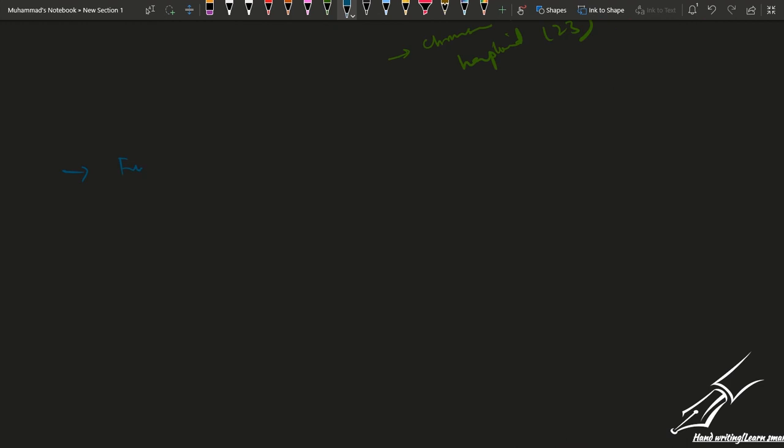So functionally, we have divided them into benign and malignant tumors. Benign tumors have the same function as that of the normal cells. But in the malignant, there are two kinds of tumors.